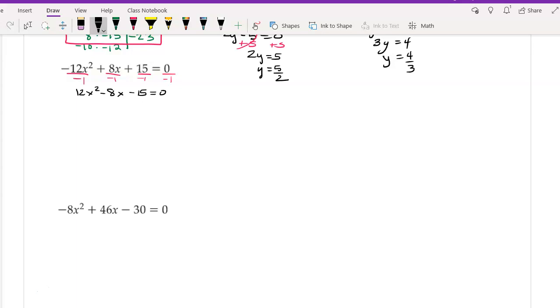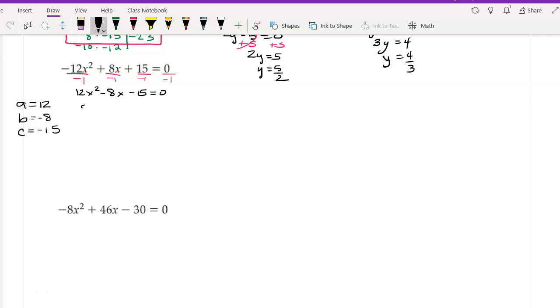So now we have to factor it out. So A equals 12, B equals negative 8, C equals negative 15.